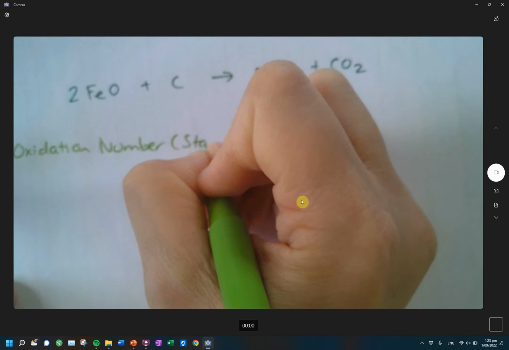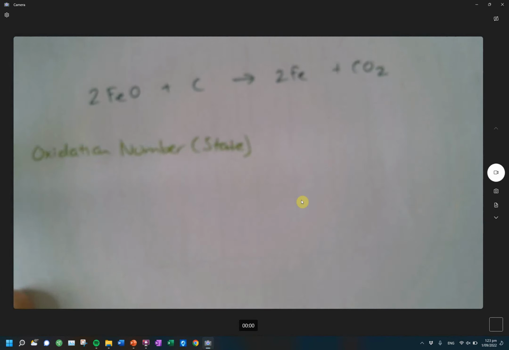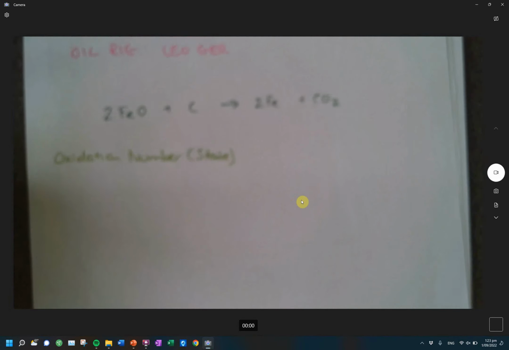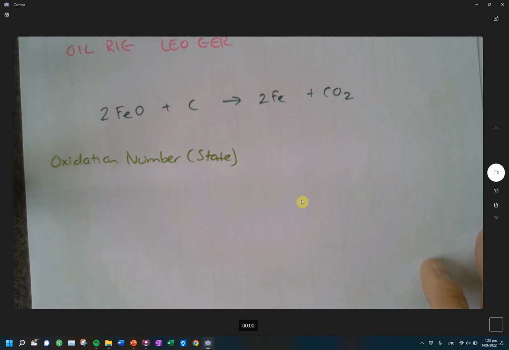I'm going to write state in parentheses because sometimes you hear it referred to as oxidation state, but more often you're going to hear it being referred to as oxidation number. That is a number that is getting assigned to our atoms, and that's telling us the degree of oxidation or reduction.